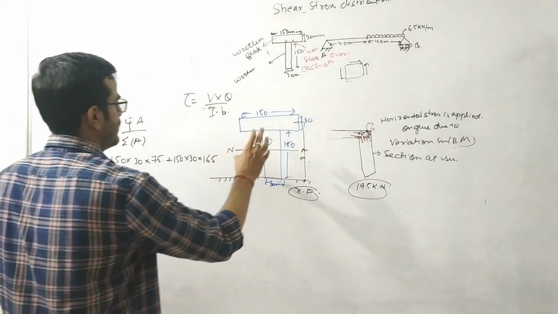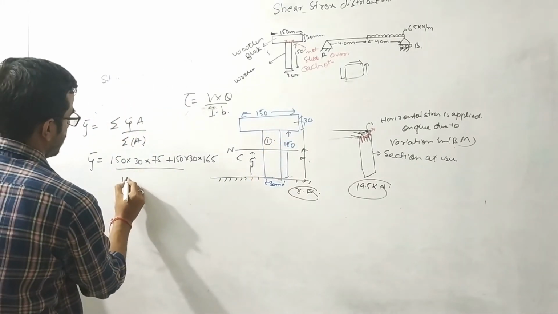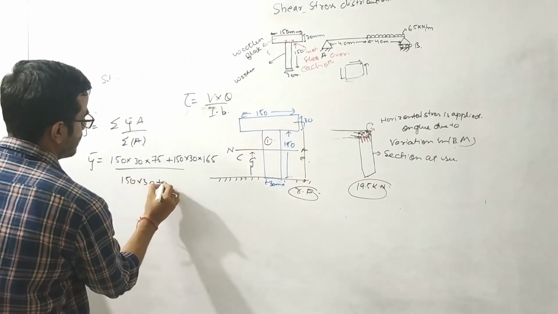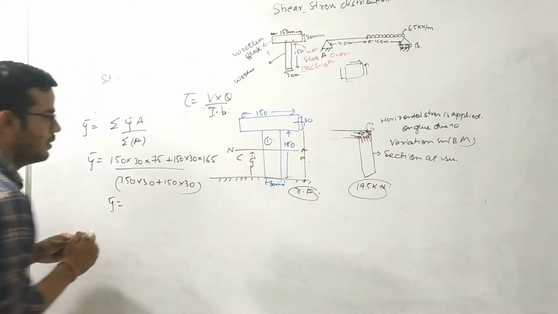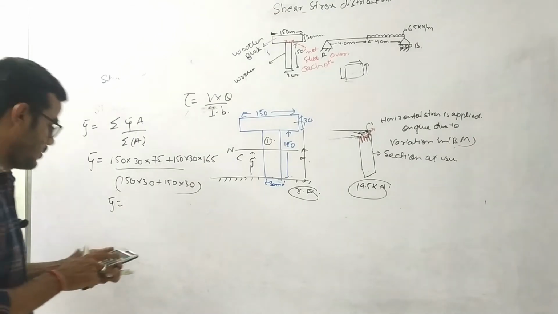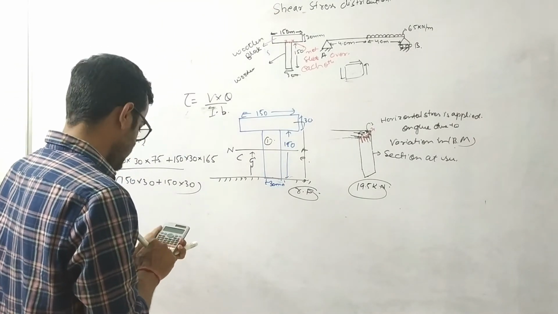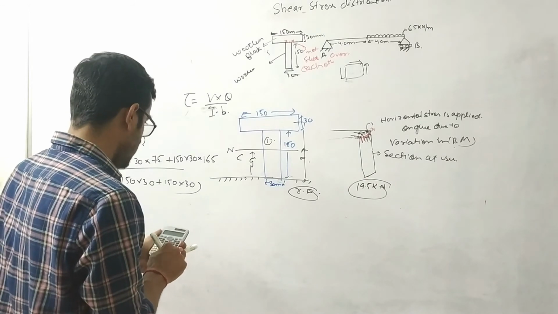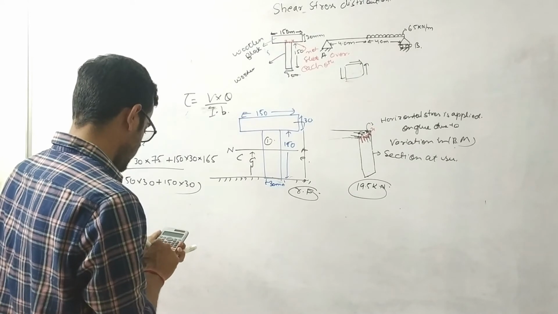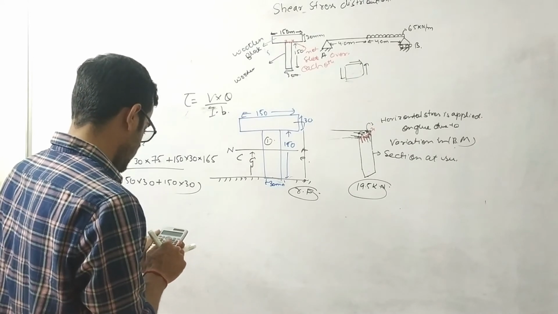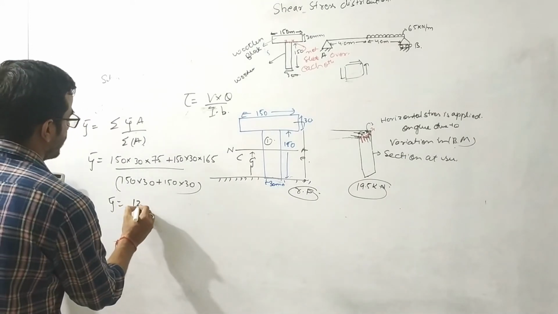I'm taking this centroid from the reference axis in the y direction, and the total area will be 150 into 30 plus 150 into 30. So my y bar is coming out to be 120 mm.